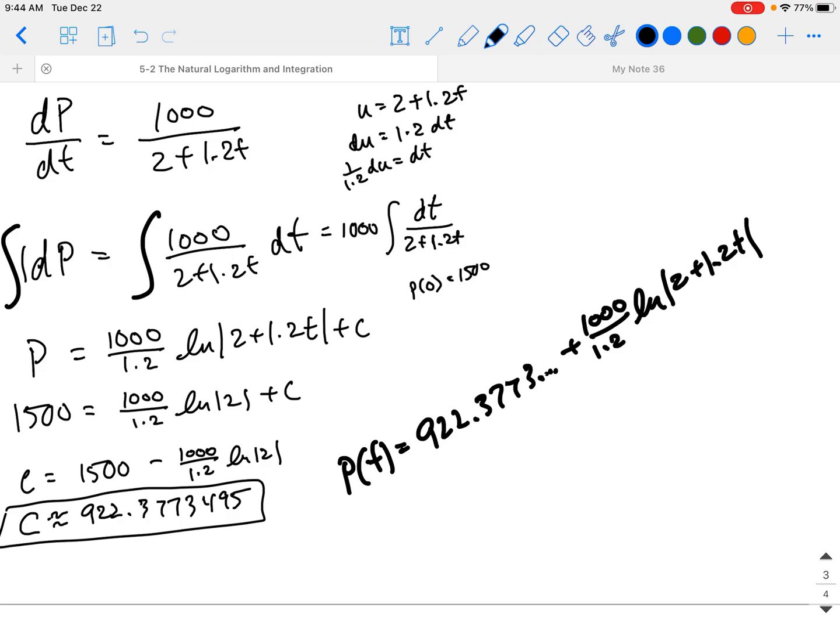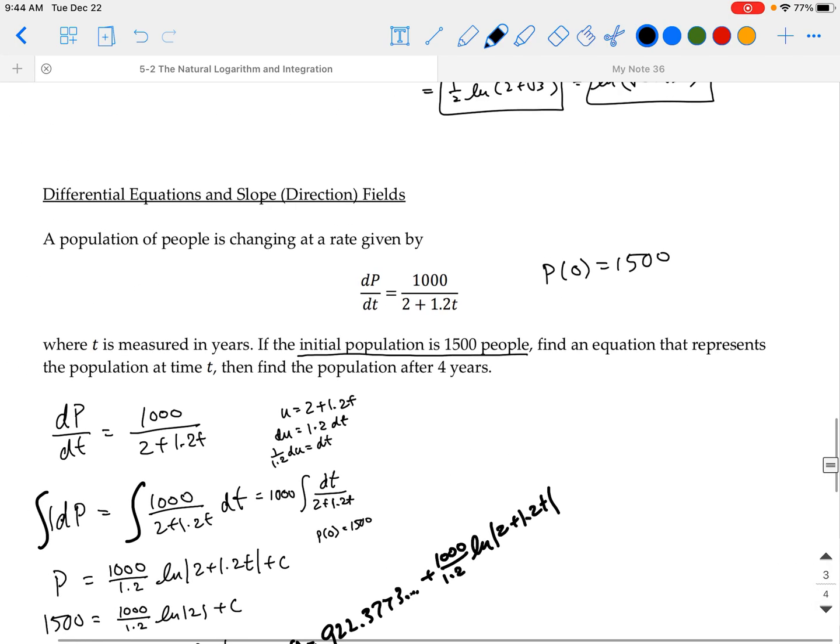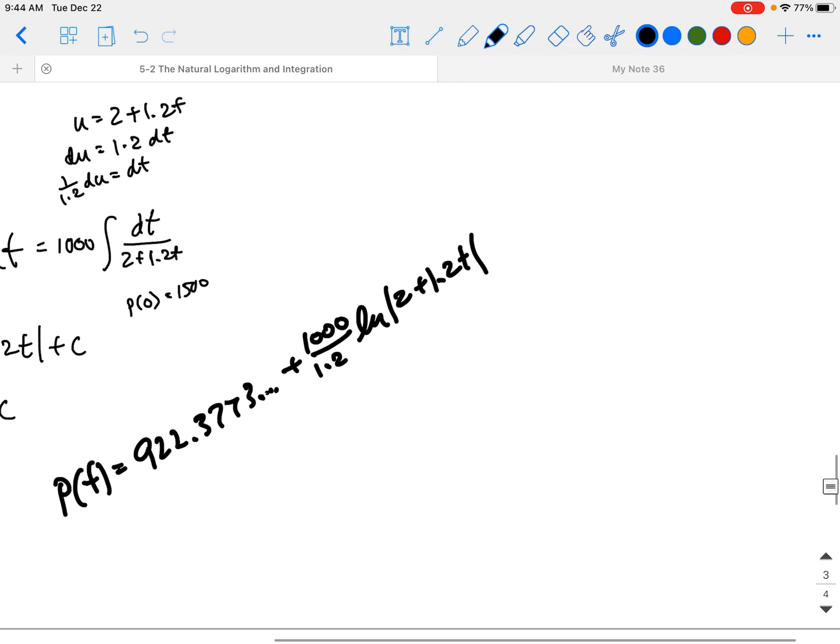So again, kind of a messy function overall. So then at 4, if we plug in a 4 to this function, let's see what we end up with. So we'll have 1,000 divided by 1.2 times the natural log of 2 plus 1.2 times 4, plus 922.3773.